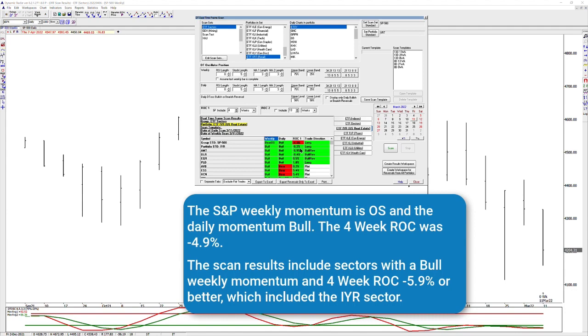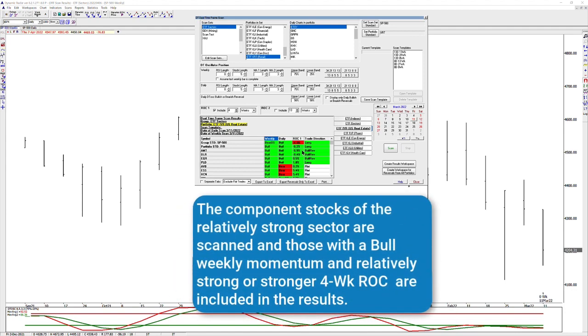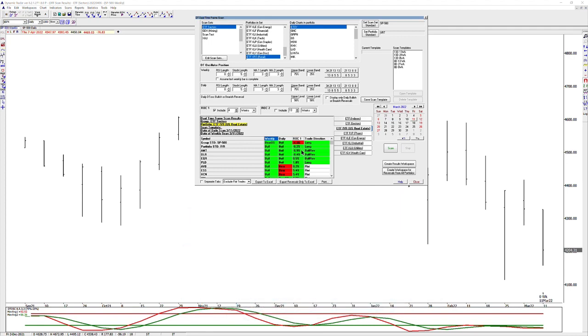And then within the IYR sector, here are 4 stocks out of the 20 that are relatively strong compared to the sector. The sector was just minus 0.2% over the last 4 weeks, and I give it a 1% leeway, so any stock that was minus 1.2% or stronger is going to show up.